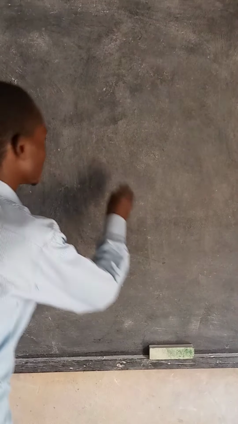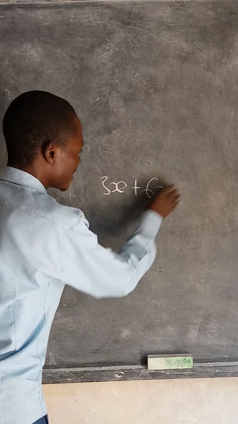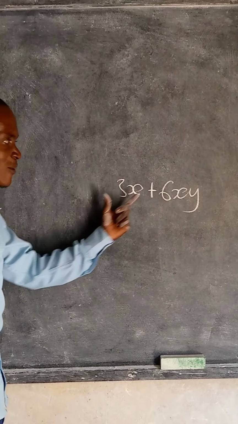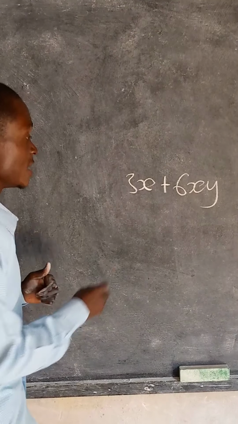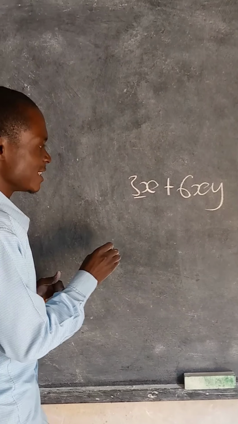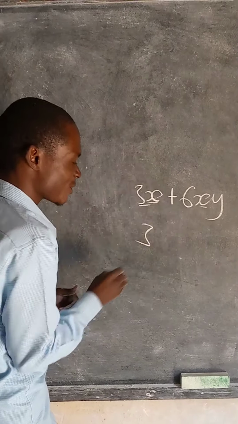Just take a quick recap on what we covered last time. We looked at how to factorize using the common factor. We looked at something like 3x plus 6xy, and we said we have to look for the common factor if we are told to factorize. So what is common? 3 is common for the numbers. If you look at x, it is also common.